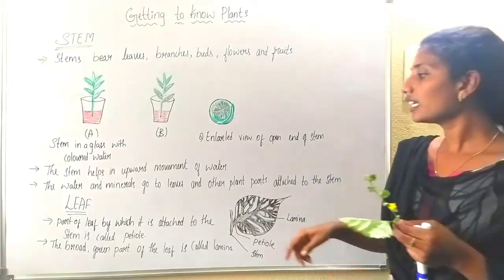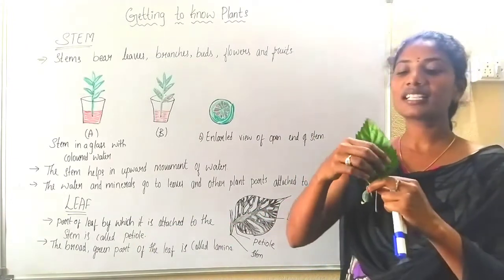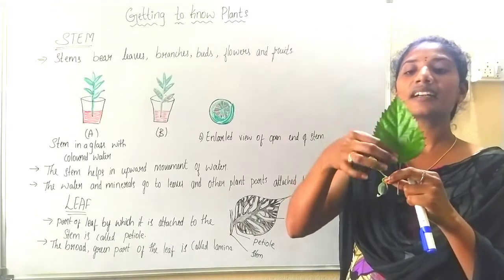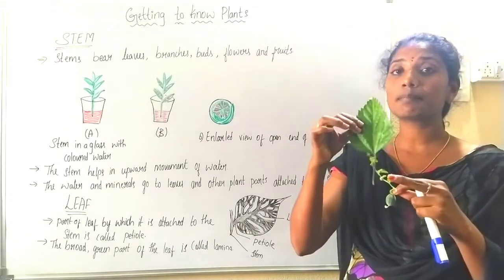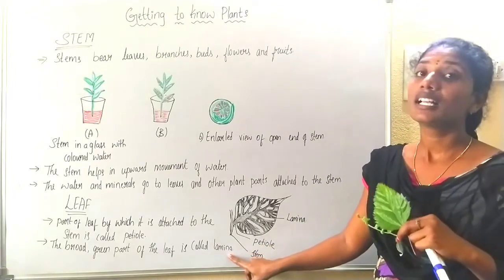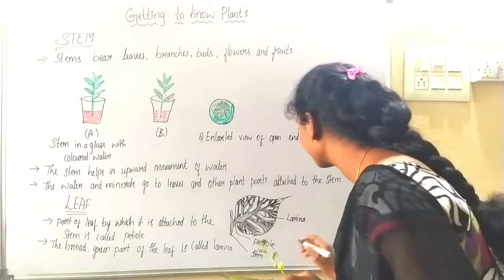Okay. So if you see here, there is a broad green part. You can see the green colored part inside the leaf, right? This green colored part, whatever you are seeing in the plant, is called the lamina. So it is called what? Lamina. Sometimes it is also called the leaf blade.